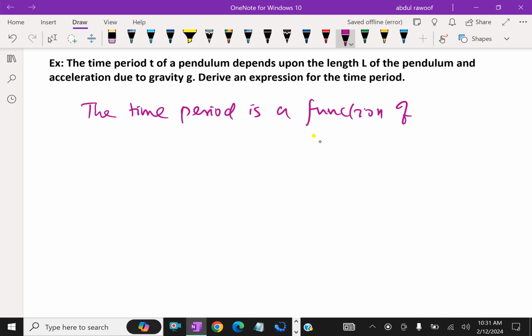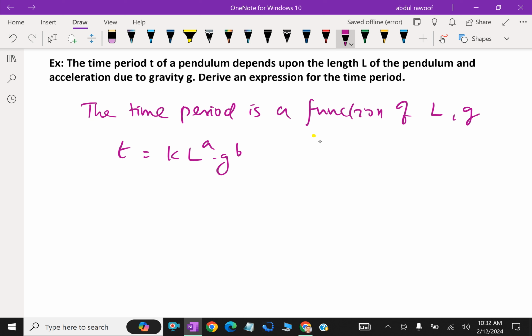Therefore, we can write t equal to k times L power a, g power b, where k is a constant.